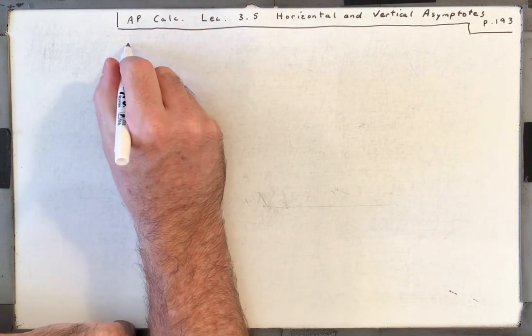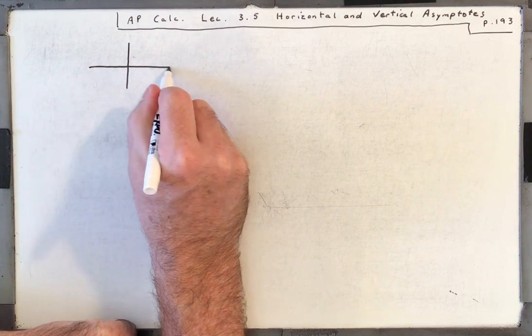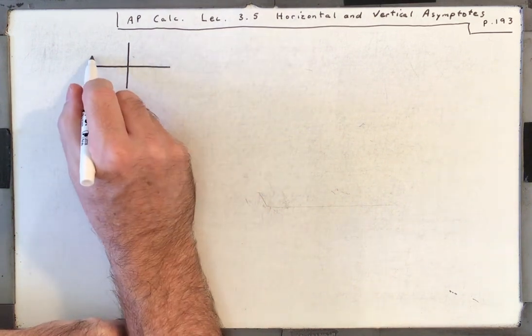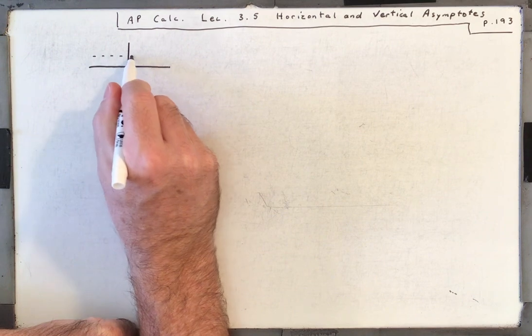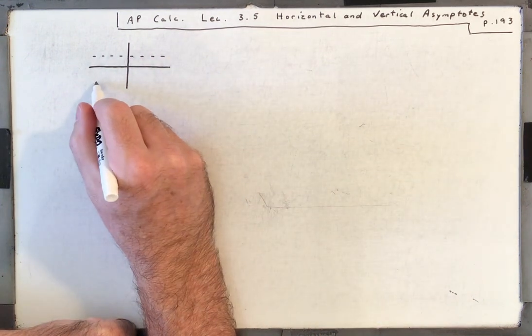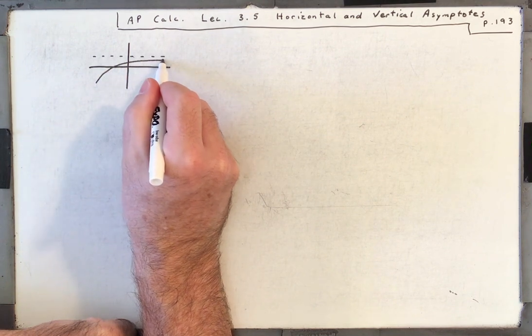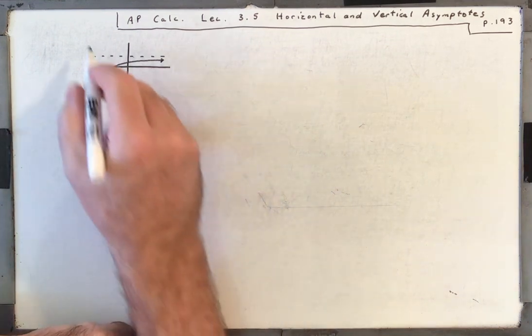All right, let's go. Before I get going on examples, let's just draw a horizontal asymptote and a vertical asymptote. A horizontal asymptote, we would signify by a dashed line, and our function will approach but never touch that horizontal asymptote.